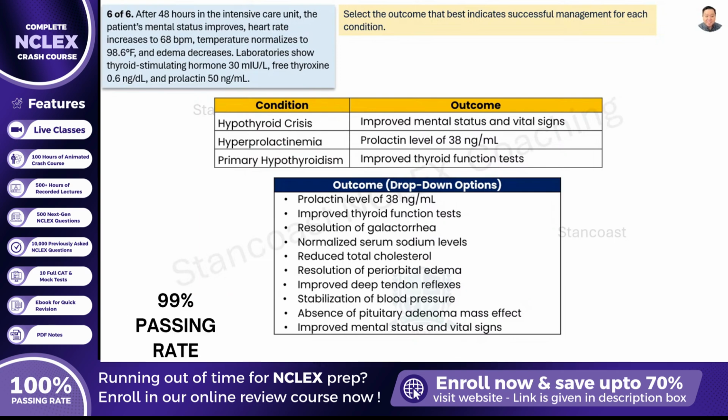So this is basically testing your judgment to differentiate which one needs more urgent attention than something that will require attention maybe in the next 48 hours or so. And as you prepare for the NCLEX, remember, it's not just about choosing the right answer. It's about building sound clinical judgment that keeps our patients safe.